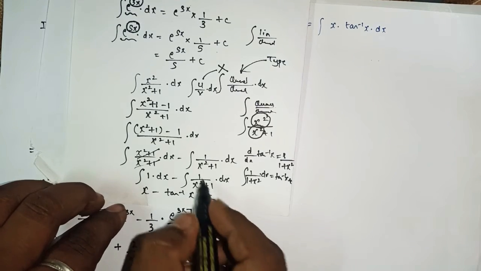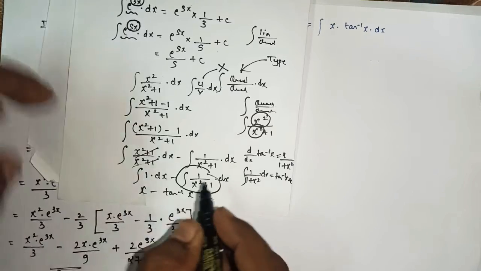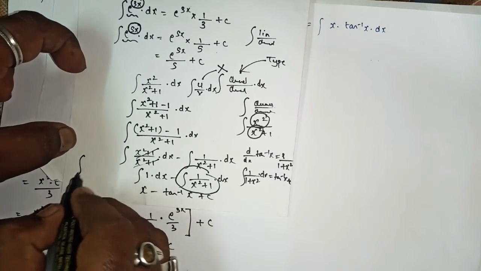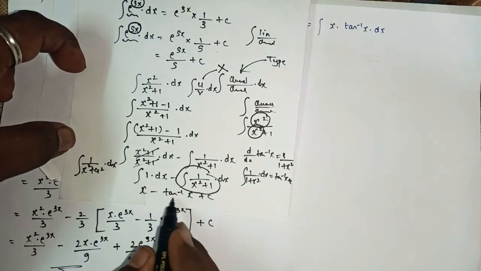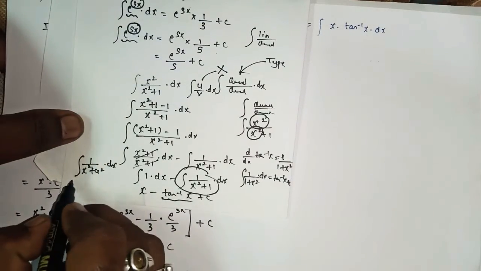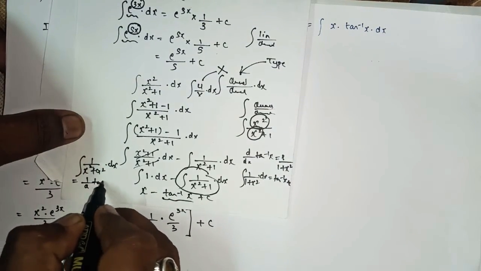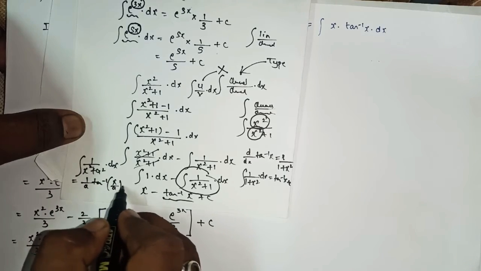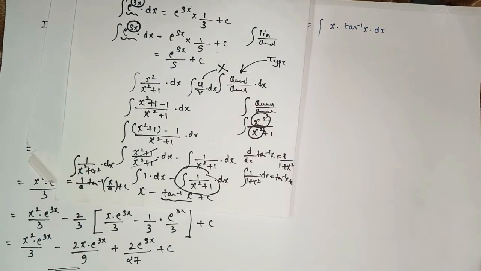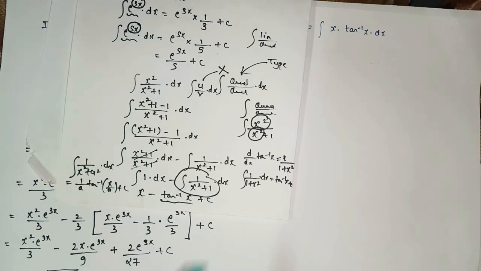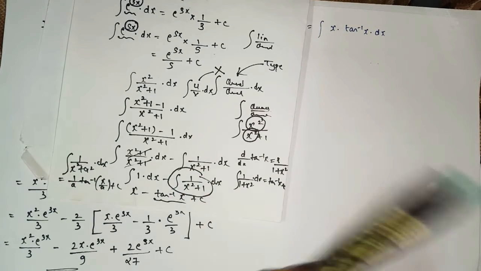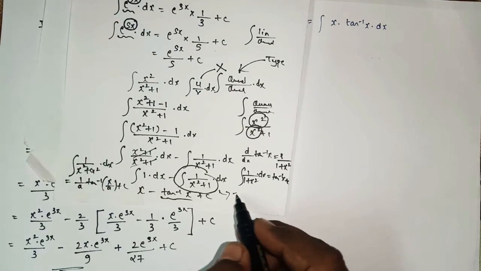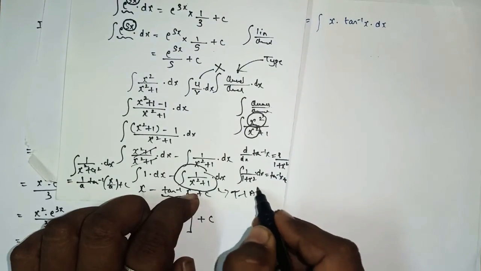Or else you can apply the formula of integral 1 upon x square plus a square into dx. Still you will get the same answer, 1 upon a tan inverse x upon a plus c. Got the point? I hope you all understood. This part will get converted into type number 1a. Yes or no?